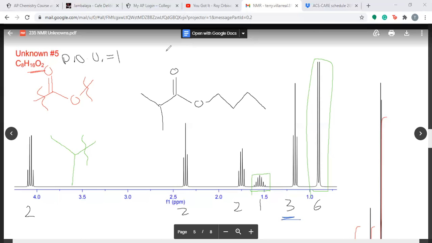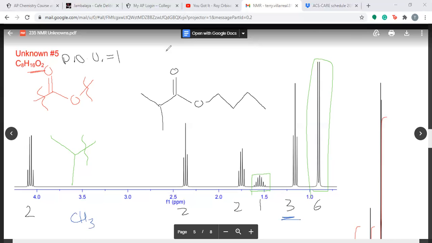What's the only functional group that has an integration of 3? Don't overthink it. A CH3, right? It has to be the end of a chain because there's an integration of 3.